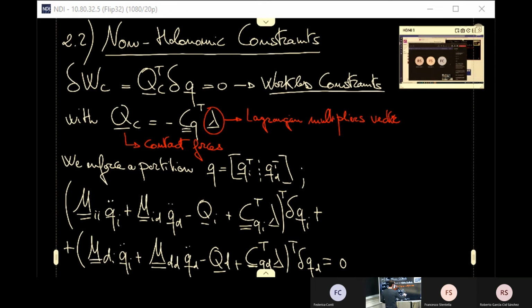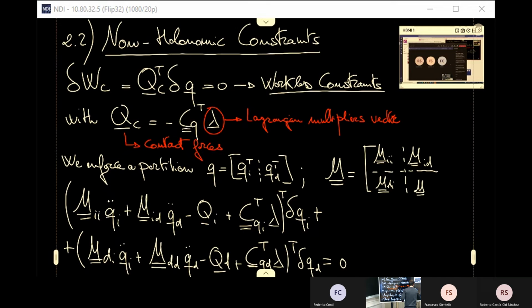Since you do this, also your matrix gets split into 4: MII, MID, and then we have MDI, and MDD. Okay, it's just basically a partition which follows from the partition of the generalized coordinates.